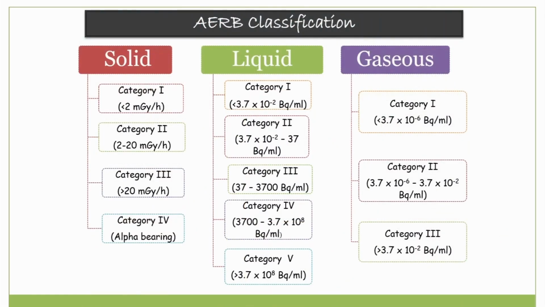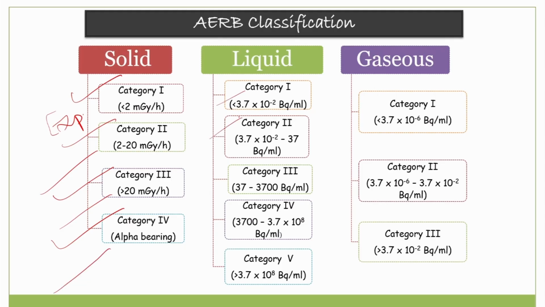The AERB classification is again solid, liquid and gaseous waste. They have category 1, category 2, category 3, category 4. The category depends upon the exposure rate. As the exposure rate increases, the category increases.